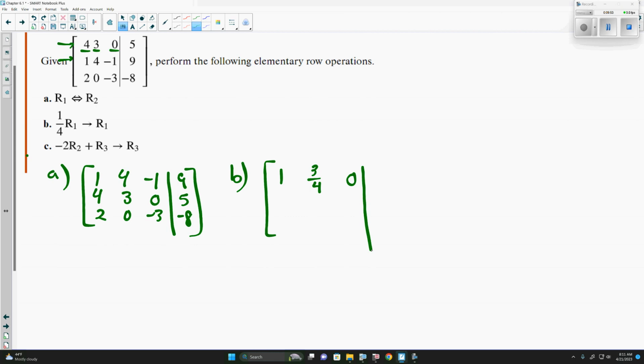And lastly, 1/4 times 5 is 5/4. Now the other rows we didn't do anything to, so they're going to stay the same.